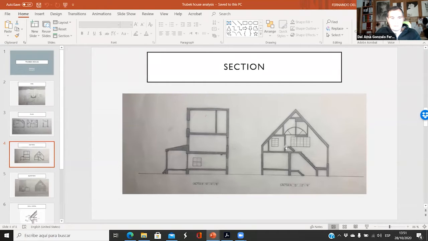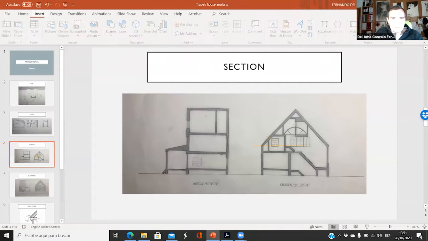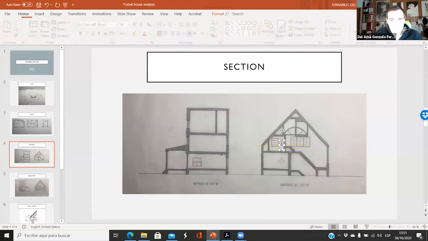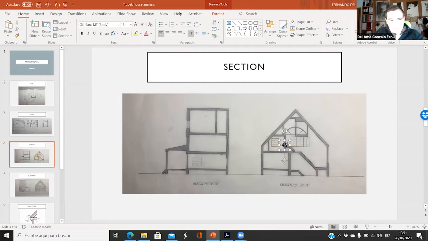And what is this angle? This is the first thing we need to find out now. We need to find the angle of this roof. I think this angle is very close to 45. If it's not 45, it has to be close to this.